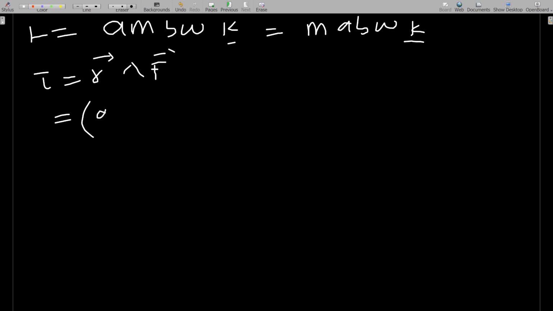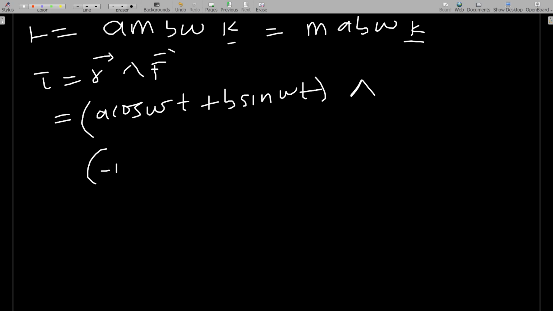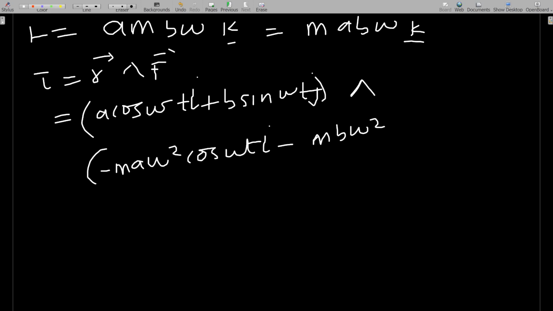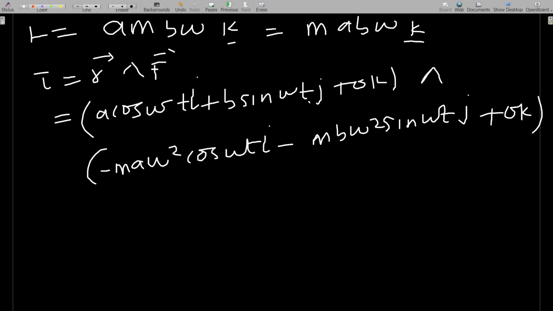R is equal to a cos omega t i plus b sine omega t j, cross F, which is minus m a omega squared cos omega t i minus m b omega squared sine omega t j. Let me add the 0 parts. Like we said, we should get 3 dimensions: j plus 0k, then cross this.